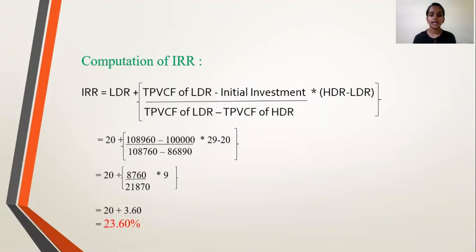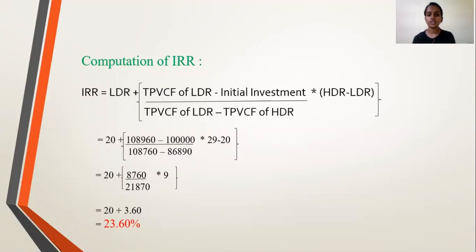Now how do you calculate IRR? The formula for it is given. I had explained it before when I explained about IRR. So just put on the formula and put the values in it. Here the lower discount rate was 20 and the higher discount rate was 29.